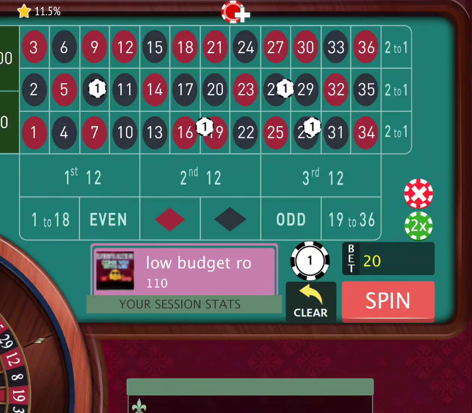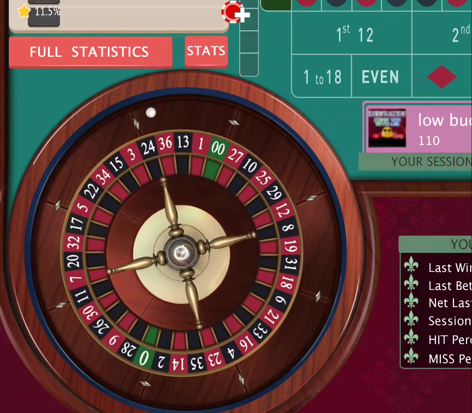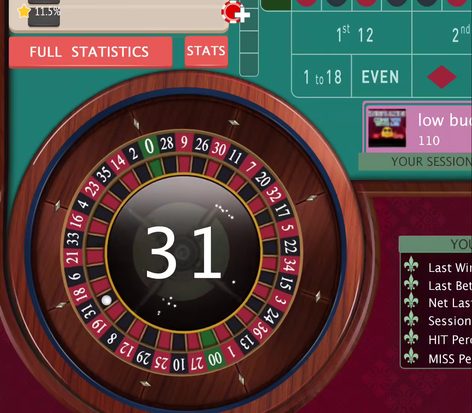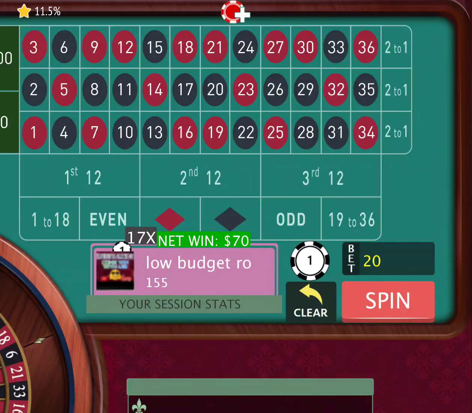Okay, going to spin again. 31 comes out, $70 return, and it looks like, folks, we just made ourselves in 5 minutes' time 50 bucks.